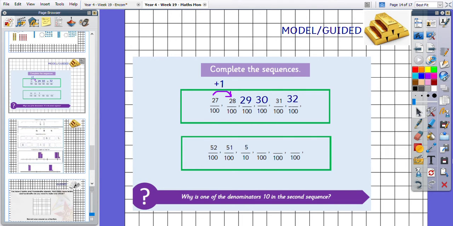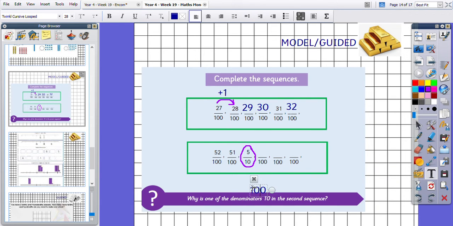But sometimes it may be a little bit trickier because if you look here, we've got 52/100ths, 51/100ths, then we've got 5/10ths, but we need to continue in our hundredths. So this fraction here, we need to convert it into hundredths to try and work out the pattern. And we know that 5/10ths is equivalent to 50/100ths.